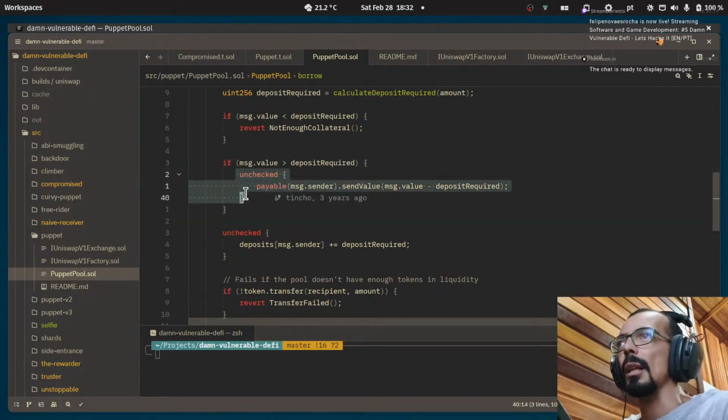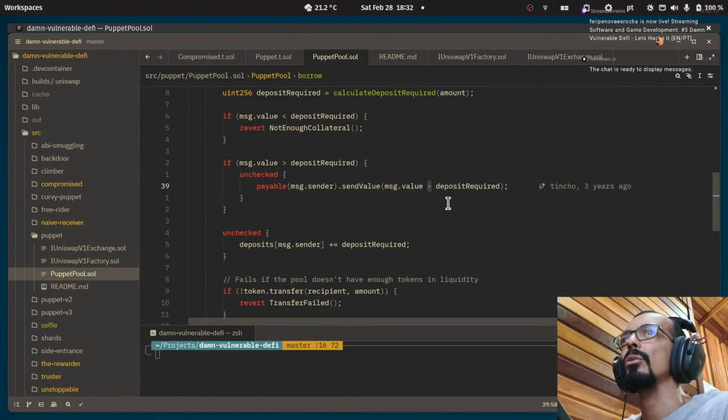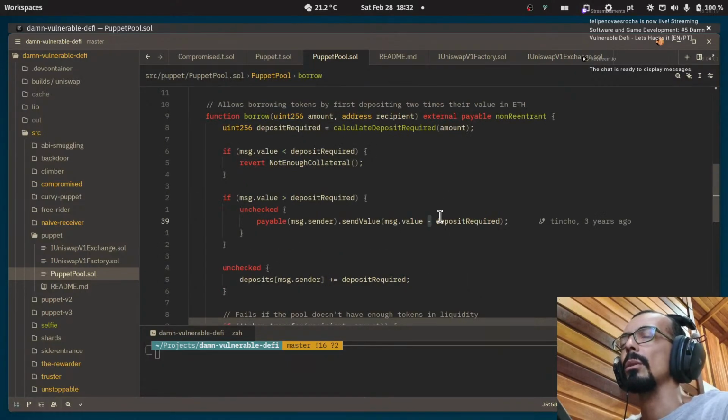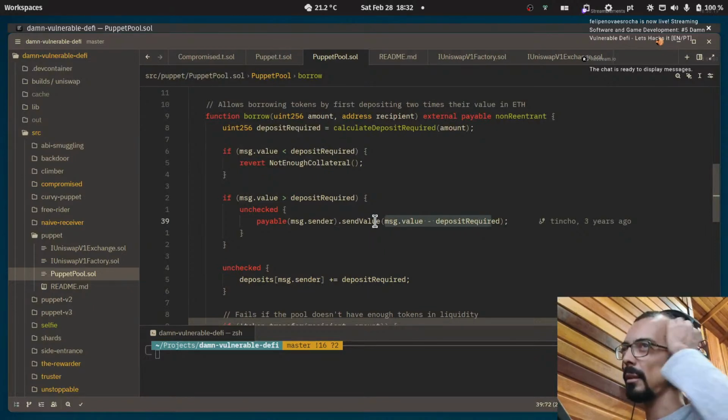So unchecked means I can overflow here because we have a subtraction, right? So subtraction works for us. I want to have a lot of value sent to me, right?